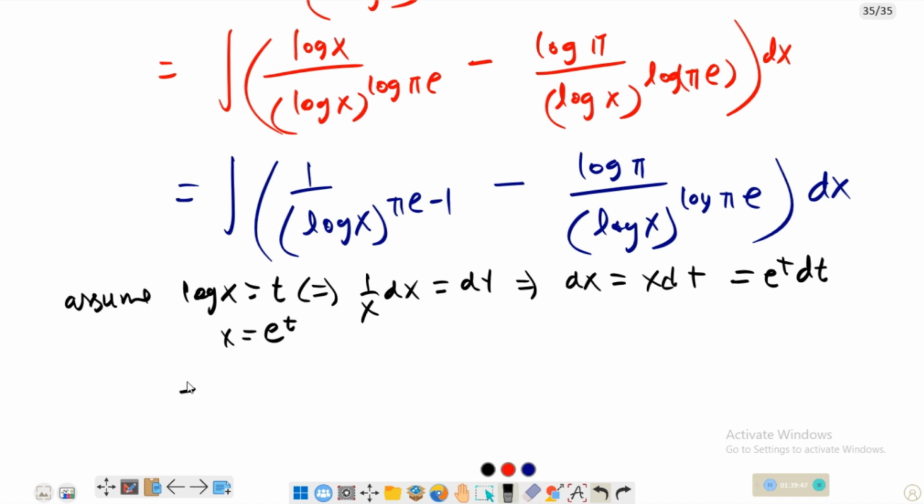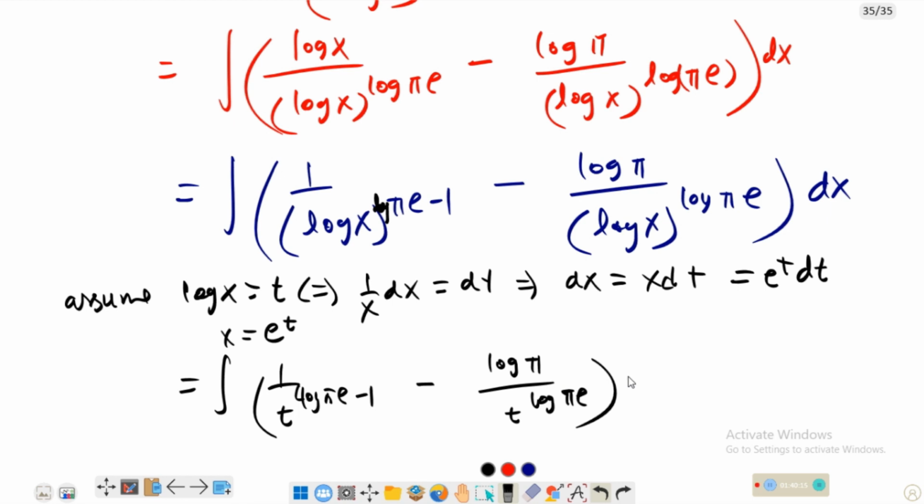Okay, so this quantity is equal to integration 1 upon t to the power log pi, this is log pi, minus 1 minus log pi upon t to the power log pi e into e to the power t dt.